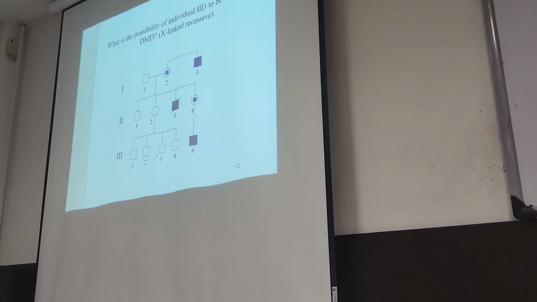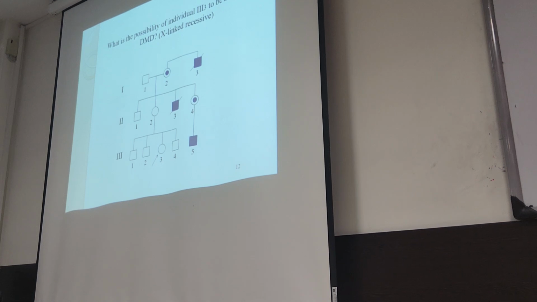You should find the exact probability. Was that 25% she's a carrier? Why 25%? Because the 2 1 generation is also a carrier, you can say. It's an obligatory carrier, 1 2. Obligatory carrier, right? So her offspring are 25% carrier.